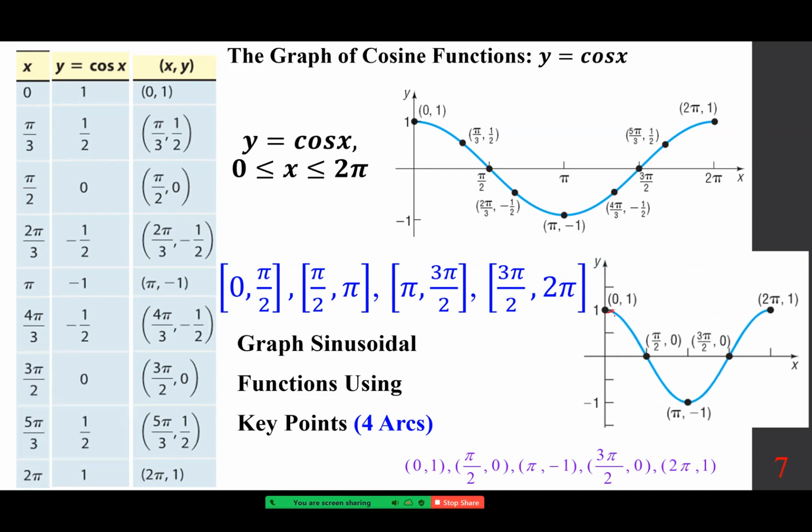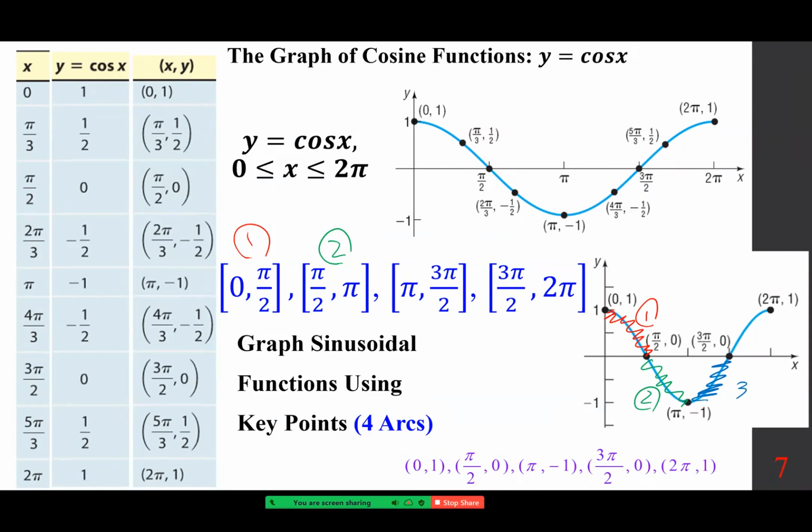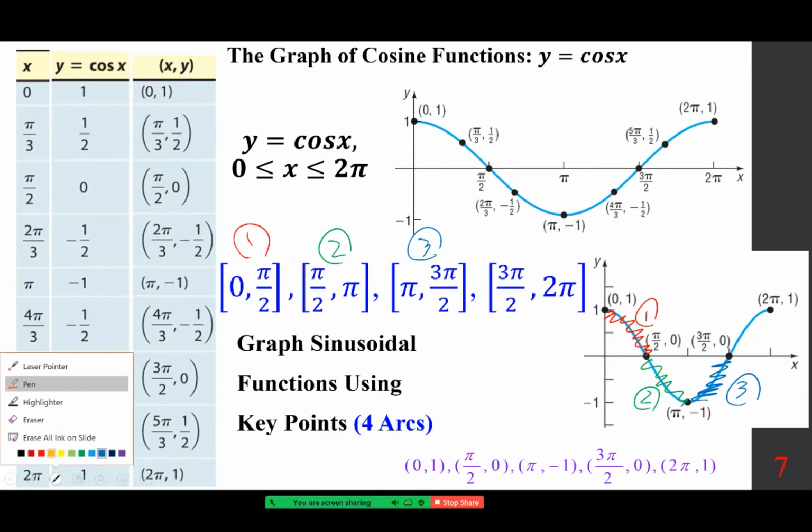If you look at this portion, number one, this one, number two, from pi over 2 to pi. This is the third part, and this is the last part, last arc.